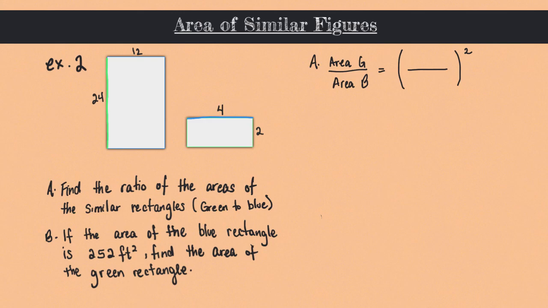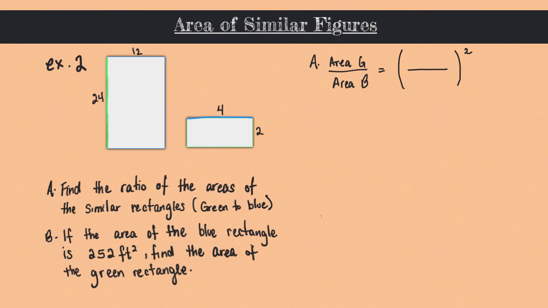The idea of corresponding sides are the sides that are in the same relative position. So if I can describe the side that's labeled 24 as the long side of my blue rectangle, then I should be looking for the side that is the same description in the second figure, which is the long side of the green rectangle. So here it is.